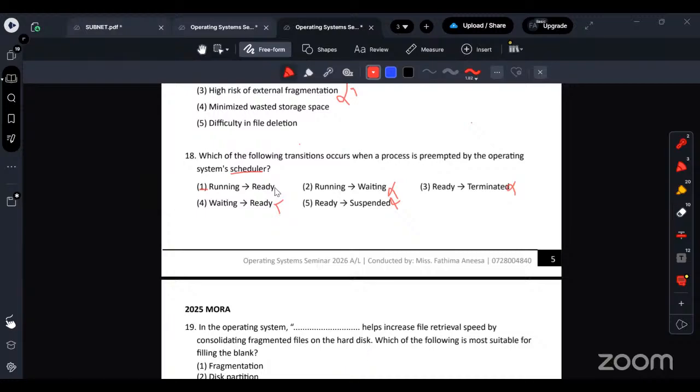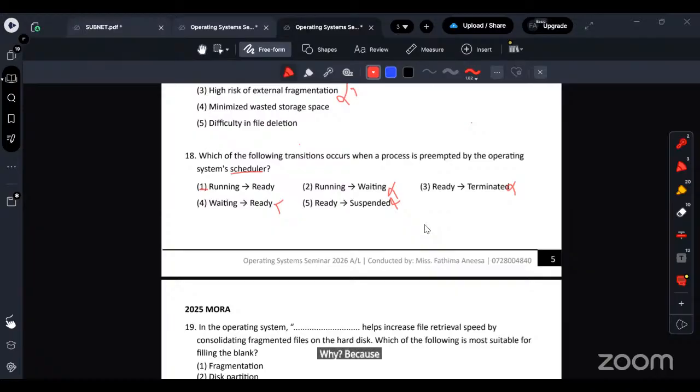Azar, for which one you meant? Ready to run, ready to terminate, or waiting to ready? Running to ready. So that is the answer. Why?